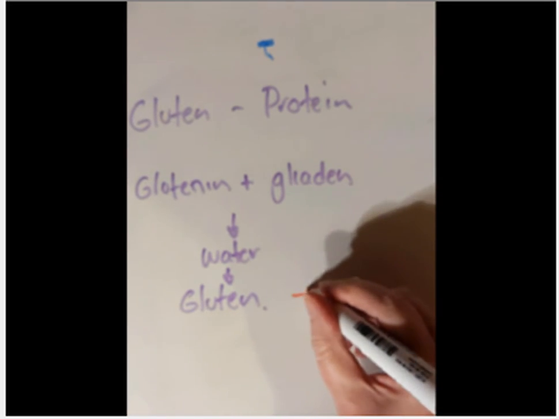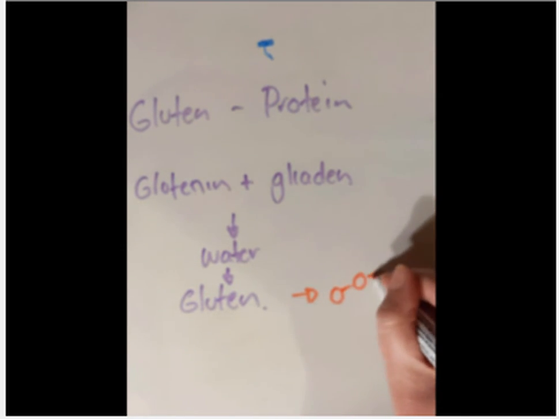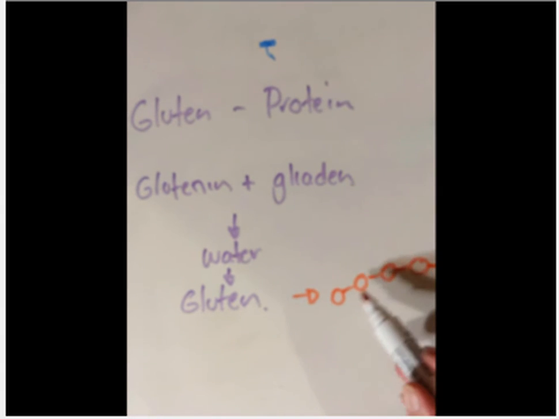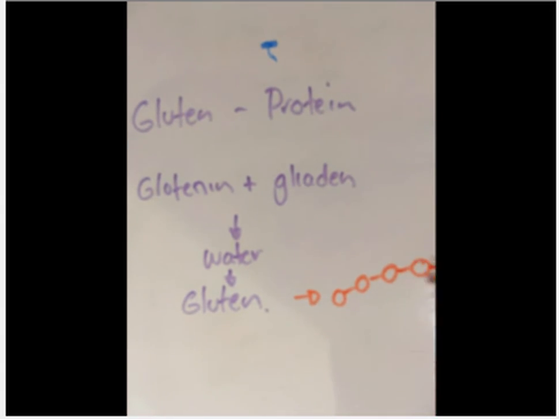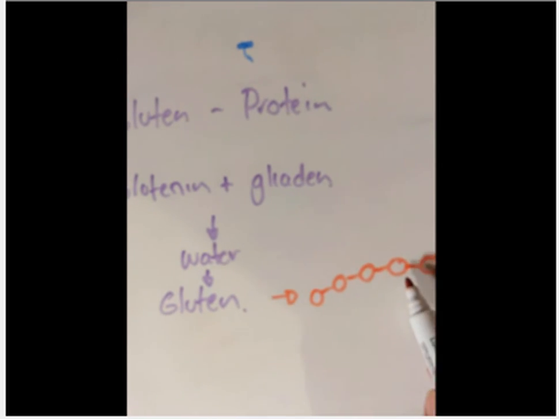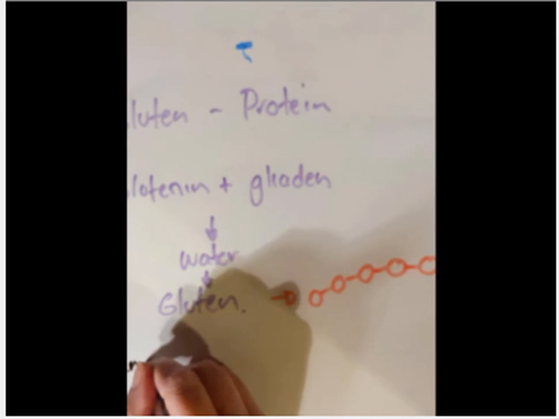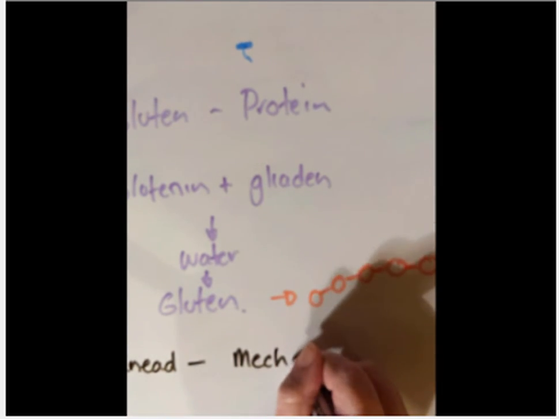So remember, our protein is a chain of amino acids. These amino acids make up the glutenin and gliadin in our chain, and they're really important in making bread, because when we knead our bread, it is a mechanical action.